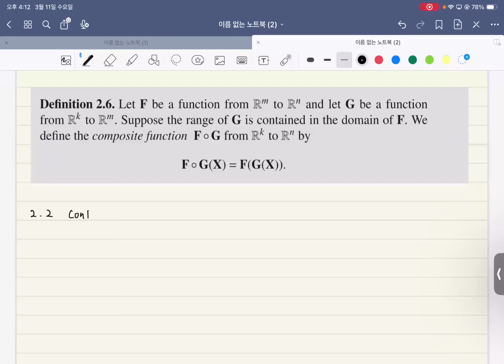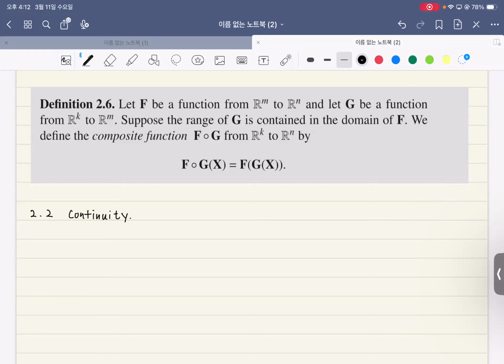Now, I want to talk about continuous functions. Multivariable calculus is about functions from R^n to R^m. But if the behavior of the function is completely random, then we may not be able to build any reasonable theory from that.